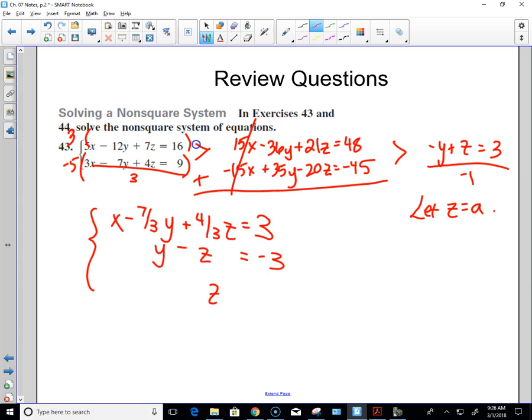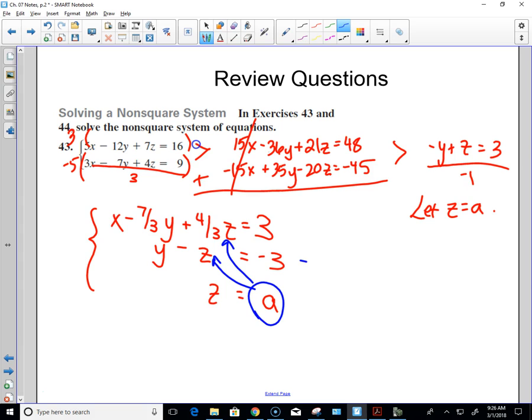Z equals a. Now, remind me, whenever you have row echelon form, whenever you have this stair step, why is it so nice? What does back substitution mean? A is going to take z's spot. But I need x and y. That's okay. What am I going to do first?